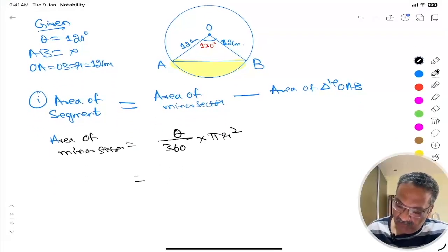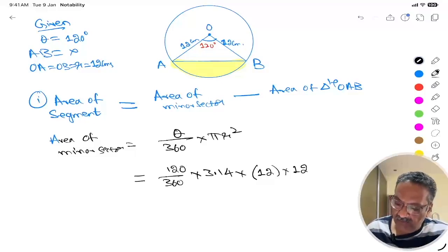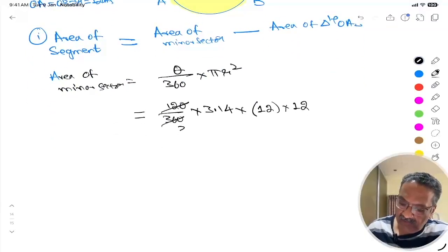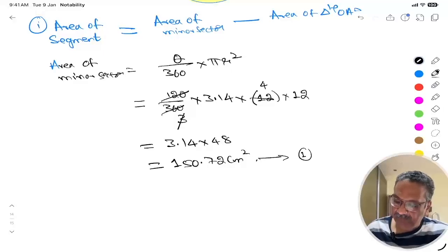So this is equal to 120 by 360 into 3.14 into 12 square. 3.14 into 48 comes to roughly 150.72 centimeter square. This is the area of the minor sector.